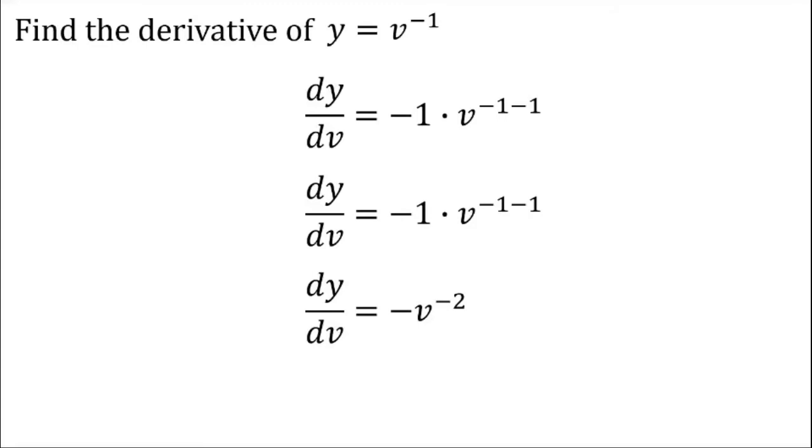So dy over db equals negative b raised to negative 2. Or we can express this as dy over db equals negative 1 over b squared.